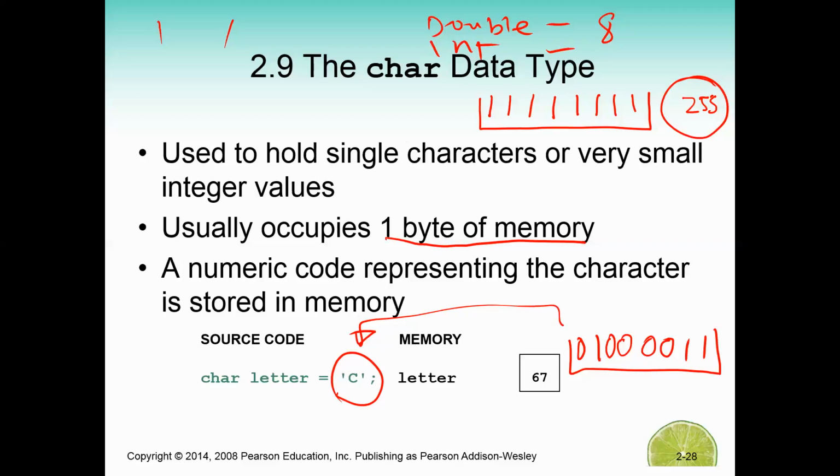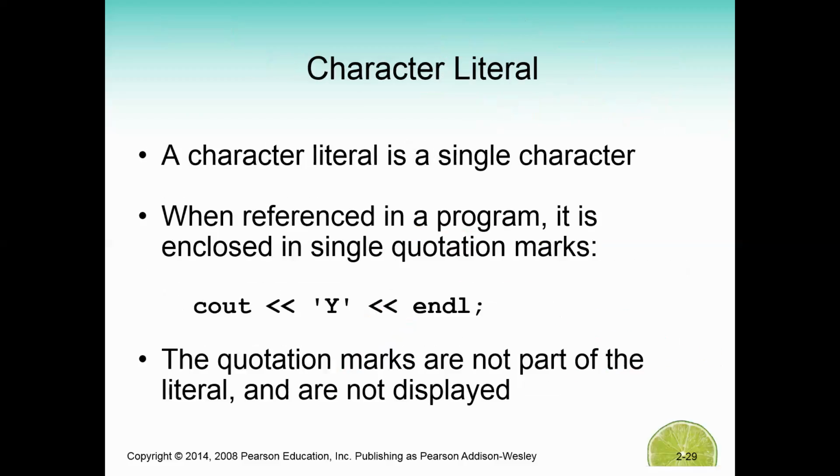But if it's a character data type, then it's just going to be using how many bytes? 1. Only 1 byte is going to be used by the character data type. When we're working with a character constant or a character literal, it's going to be a single character. It cannot be more than 1.